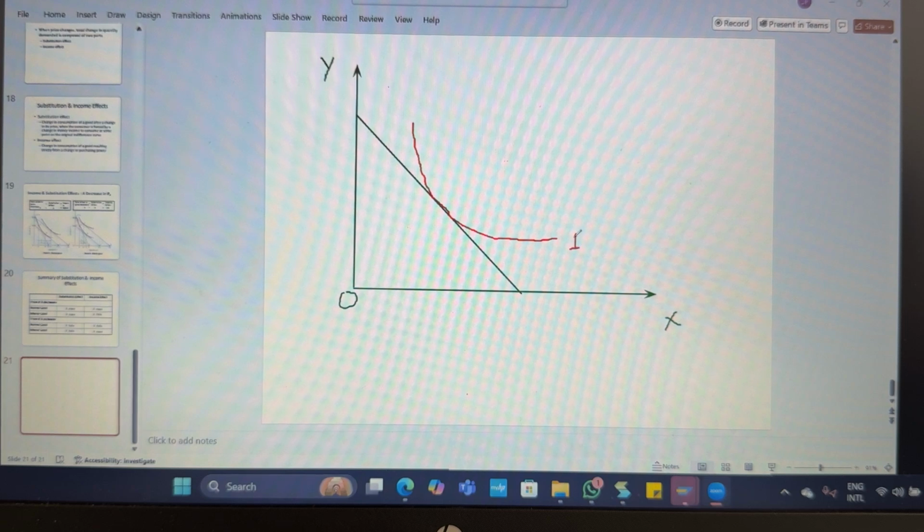This is indifference curve 1. This is the equilibrium point. We name it E as usual. At this point, say the consumer is purchasing three units of the commodity X.